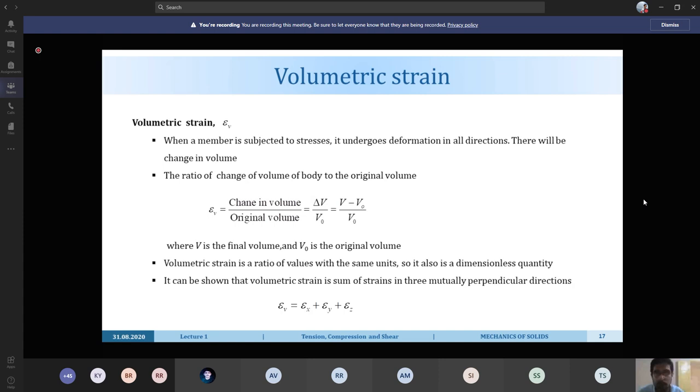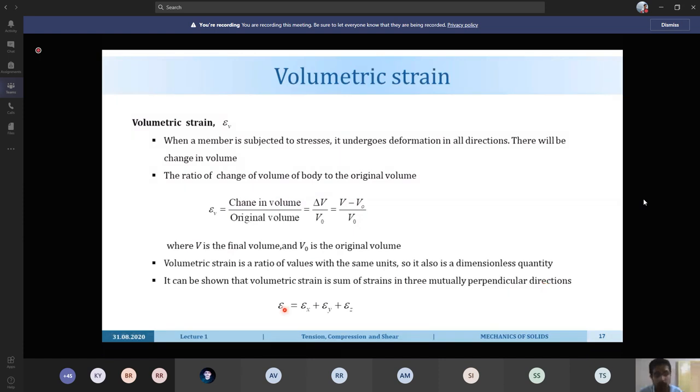There is another thing called volumetric strain. When a member is subjected to stresses, it undergoes deformation in all directions, and there will be a change in volume. The ratio of the change in volume to the original volume is called the volumetric strain. Again, it is a dimensionless quantity, and it can be shown that this volumetric strain is the sum of strains in three mutually perpendicular directions.